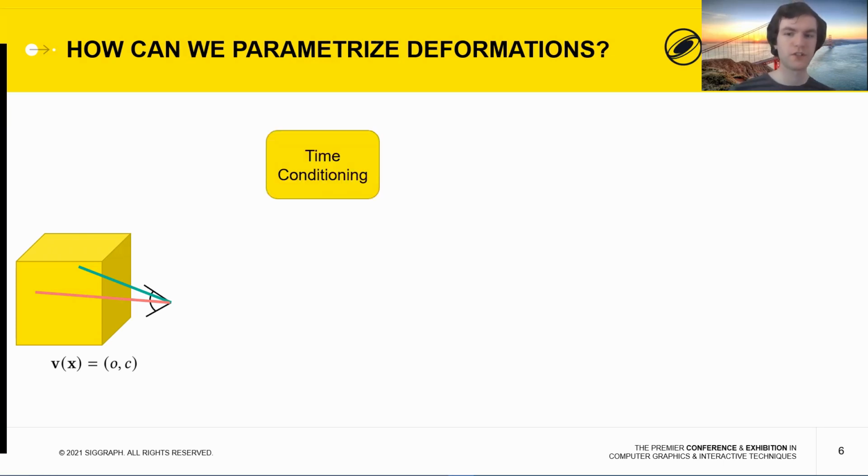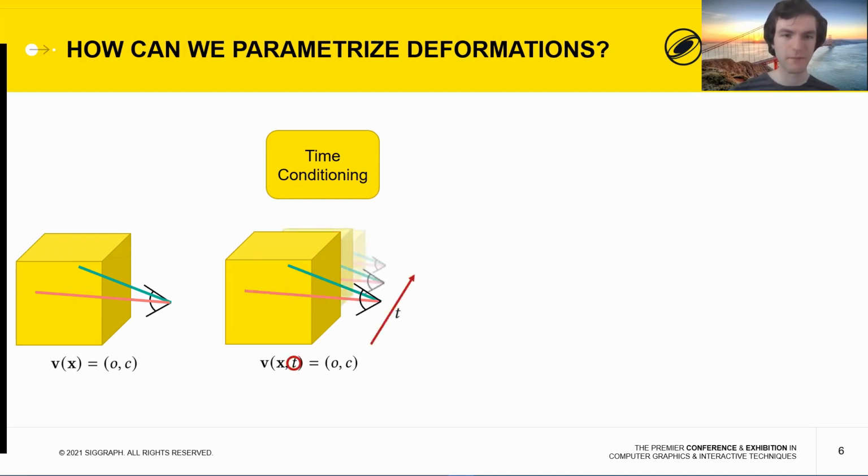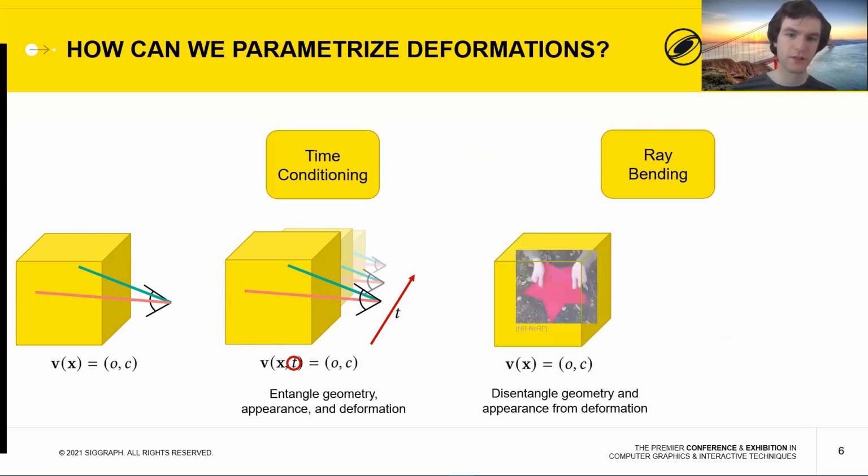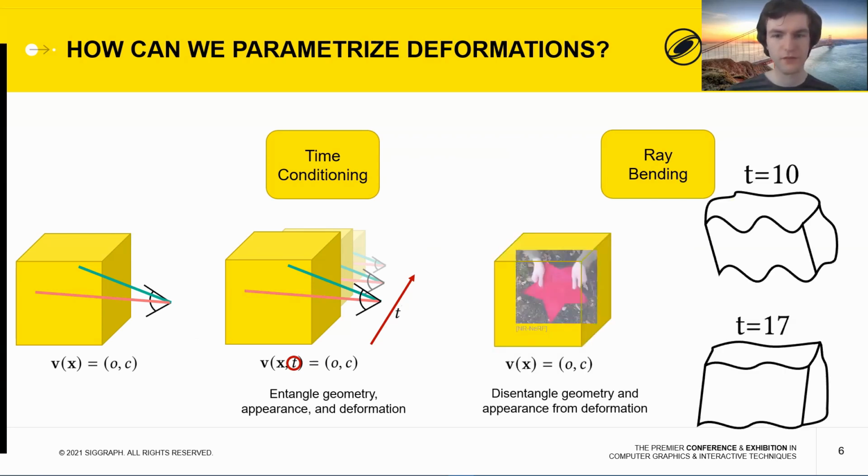If we want to capture dynamic scenes, we can additionally condition the radiance field on time. Unfortunately, this entangles the geometry and appearance with the deformation in a single MLP. To disentangle deformations from geometry and appearance, we can represent the dynamic scene using a static canonical radiance field and a separate deformation field.